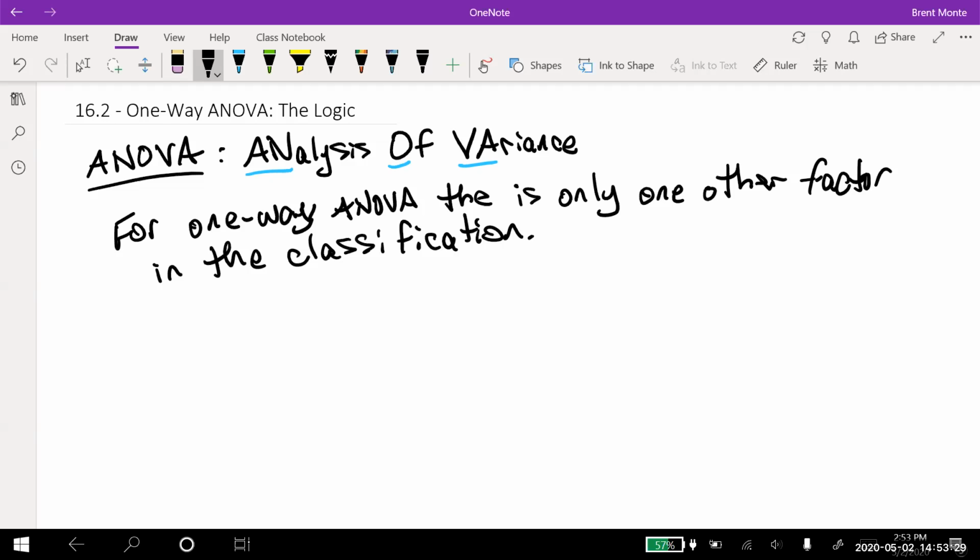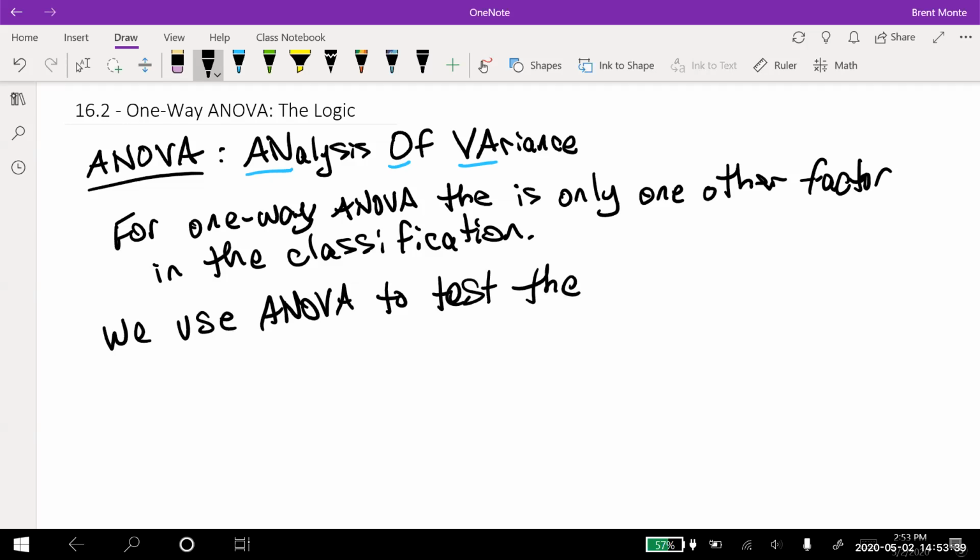Well, I'll tell you. So we use ANOVA to test the means of more than 2 populations.